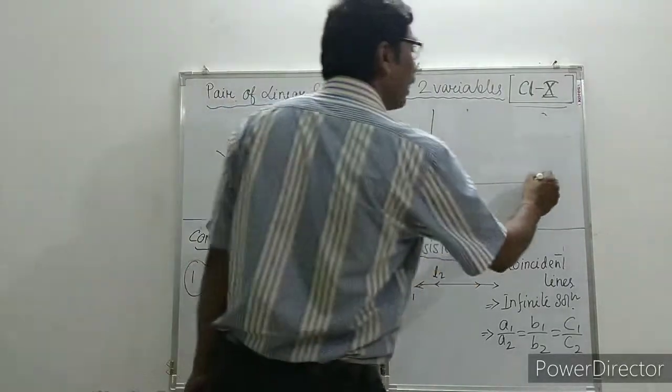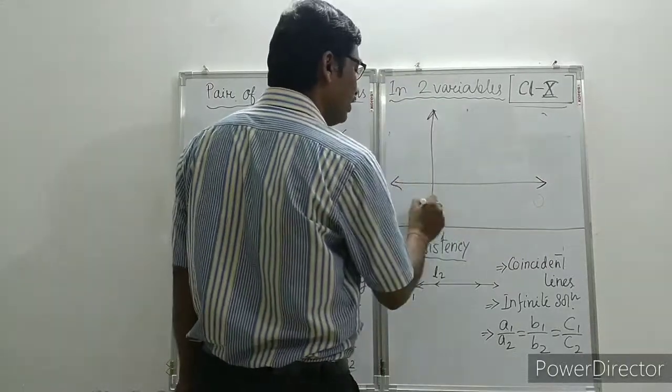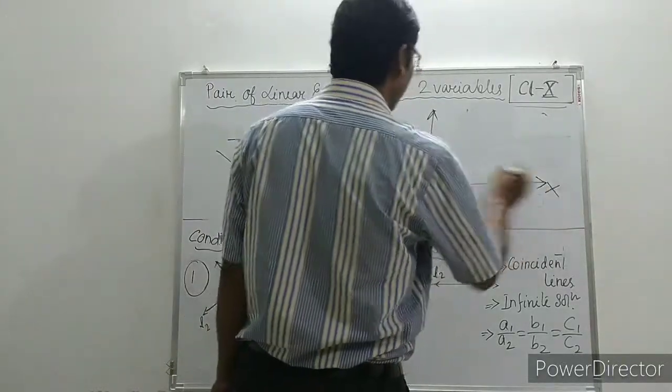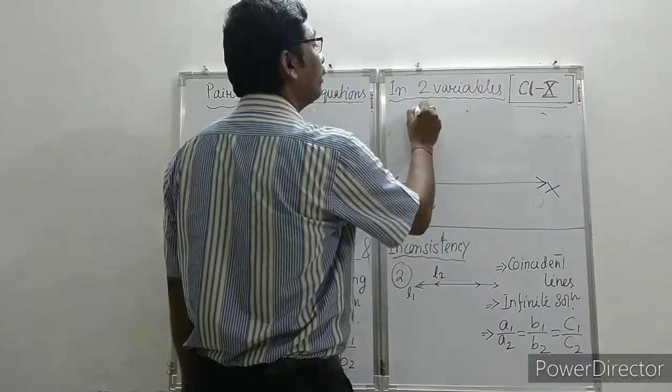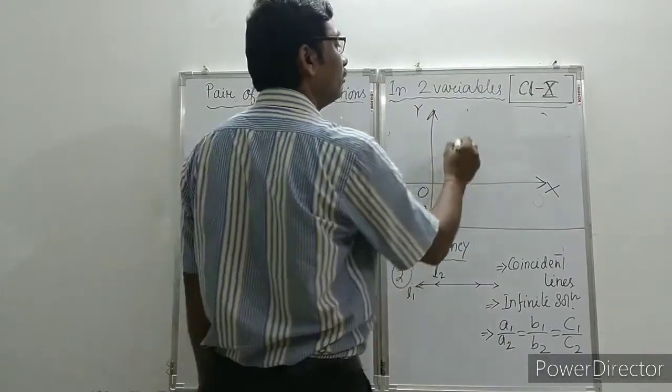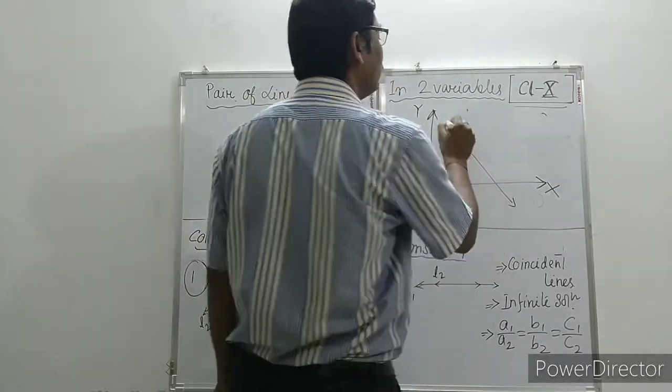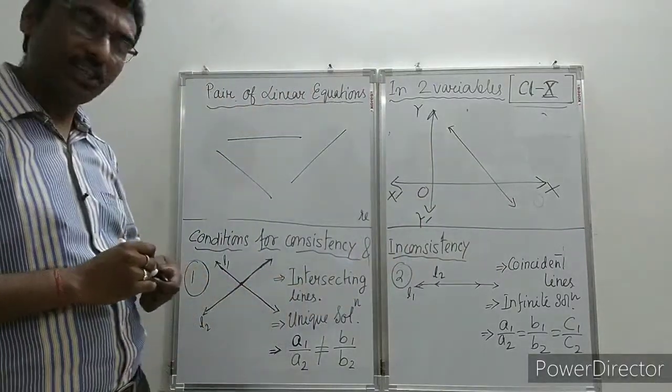When you draw the graph from the equation, we will always see that the graph is a straight line. Always the graph of a linear equation is a straight line.